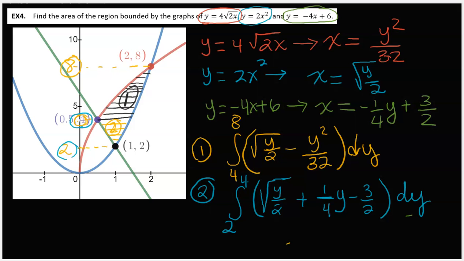So the total area will equal region 1 plus region 2. I have helped you set it up, so you go ahead and do the integral and find the area. And that is how that works.